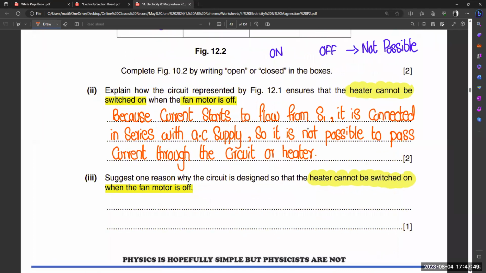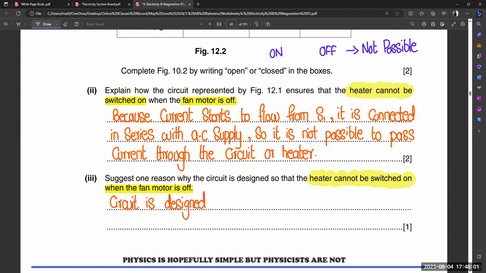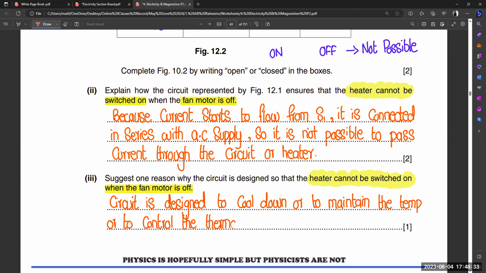So, state one reason why the circuit is designed like this. The circuit is designed to cool down the temperature, or we can also control the energy or the temperature of the device, right?